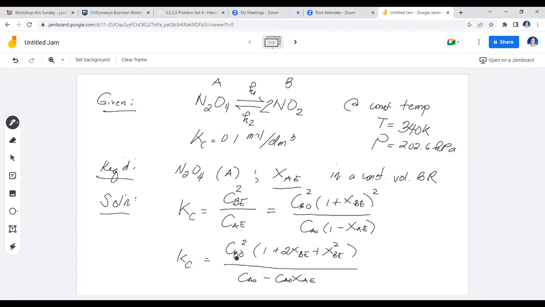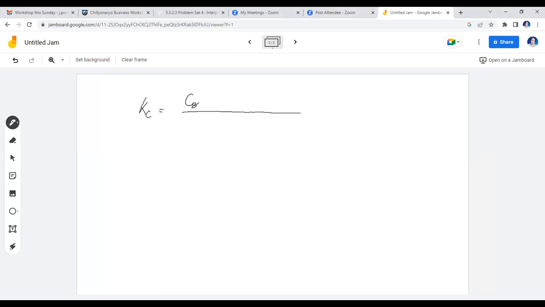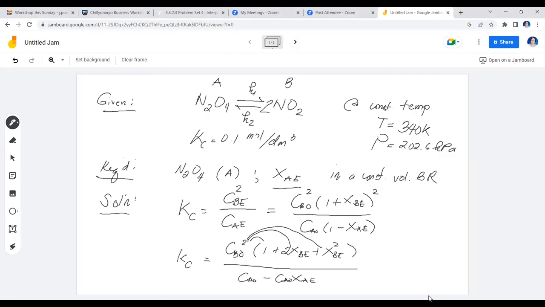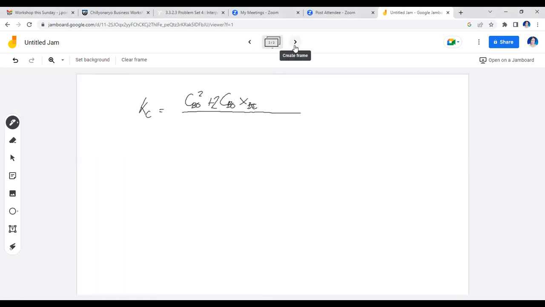Your CBO here squared will be distributed in your numerator. So you have CBO squared plus CBO squared XBE times 2, that is, you have 2 XBE times CBO squared, and then we have CBO squared XBE squared.